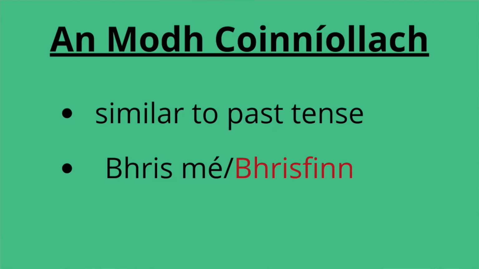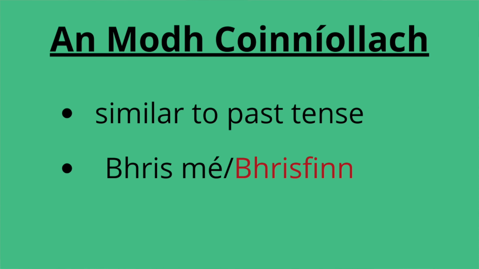So the first thing to notice is that the Modh Coinníollach is very similar to the past tense. It's going to look remarkably similar. If we take the Irish verb brisc, which is to break, the past tense is bhris mé, I broke. The Modh Coinníollach version you can see in red there is bhrisfinn.